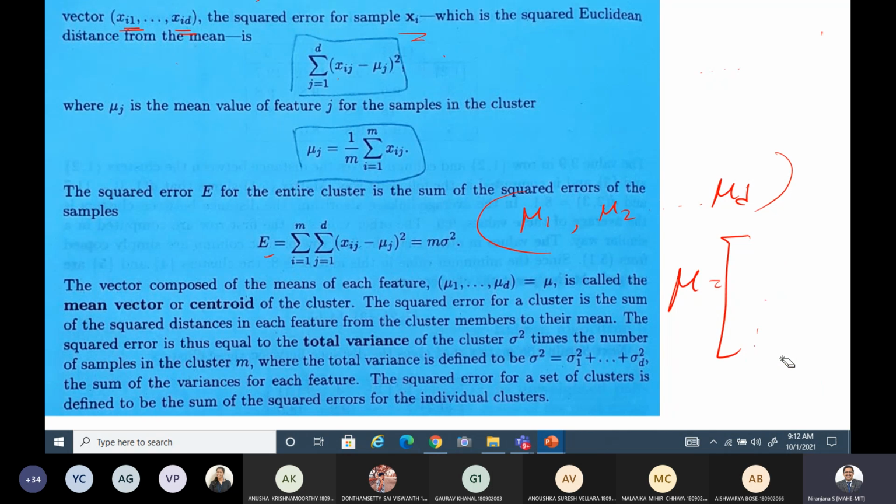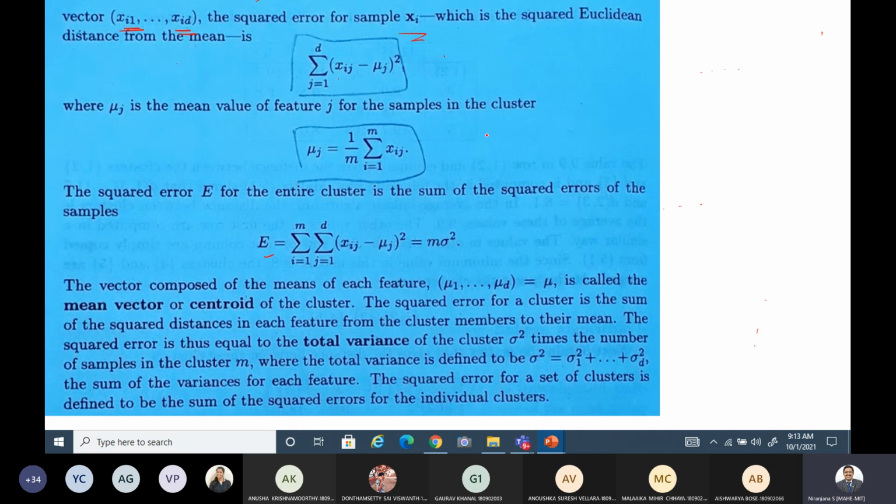For each feature you will have a mean, right? Mu j, mean value of feature j. When j varies from 1 to d, similarly there are d number of means for each individual feature. That's nothing but mean vector.